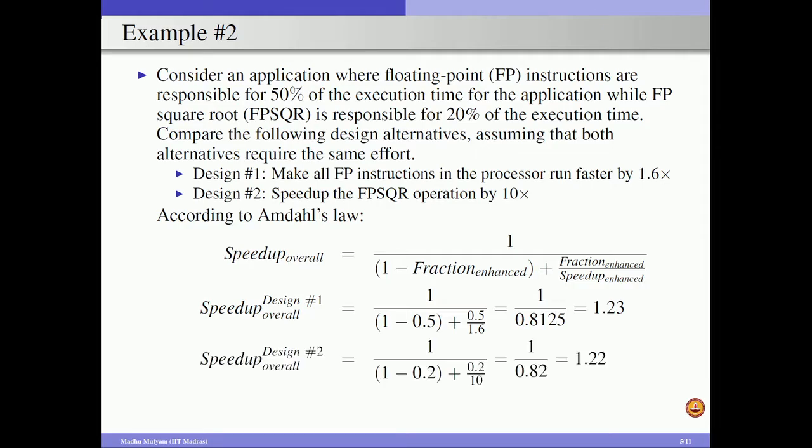And for design 2, we know that floating point square root operations constitute 20% of the execution time. So effectively 0.8 of the time no enhancement is applied, and for 0.2 of the time we get an improvement of 10x in executing the floating point square root operations. When we substitute these values in Amdahl's law, we get a speedup of 1.22. So this shows that design 1 is better than design 2.